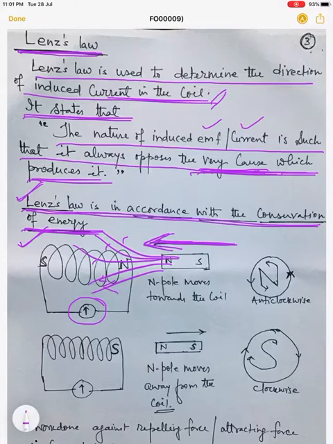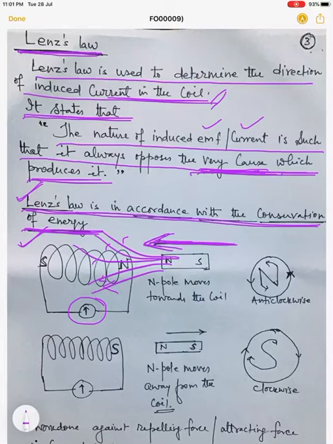Now think, the EMF is induced because of the movement of the north pole towards the coil. Is that clear? That is the reason for the induced EMF in the coil.